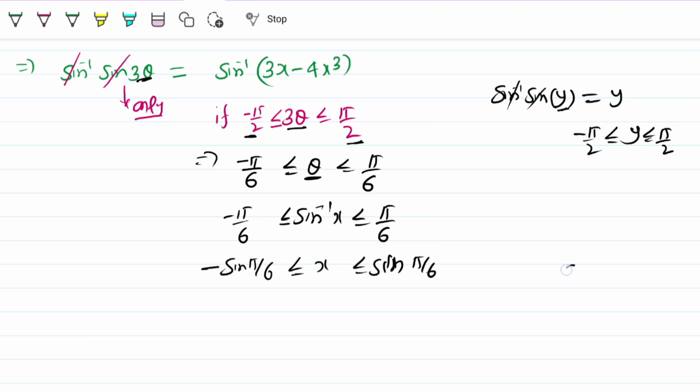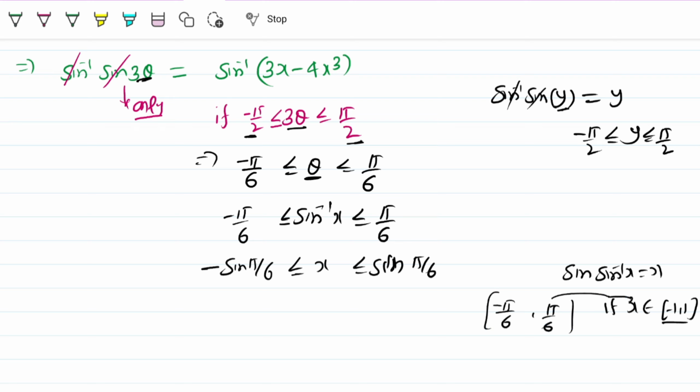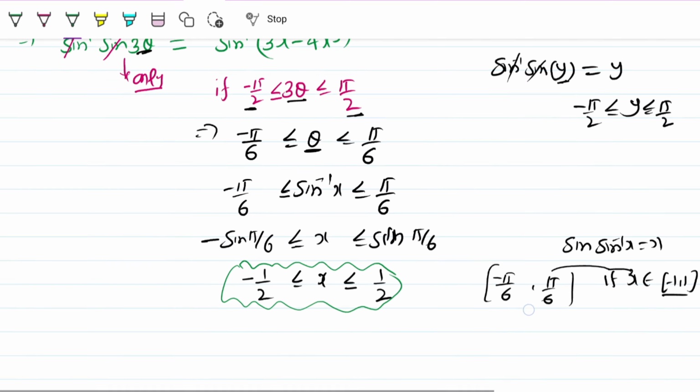This we can write because sin inverse x is x if x belongs to the closed interval minus 1 to 1, and minus pi by 6 and pi by 6 belong to this interval. It implies x is from minus 1 by 2 to plus 1 by 2. Okay, so we got the restriction of the domain. This identity will be true only if x is from minus 1 by 2 to 1 by 2.